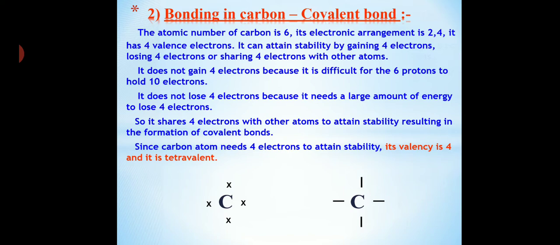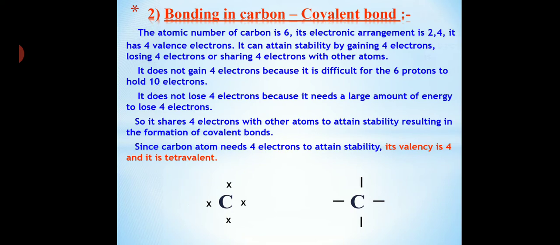Now, can you define what a covalent bond is? The bond formed by sharing of electrons. In an ionic compound, we studied that the bond is formed by the transfer of electrons, either gaining or losing electrons.